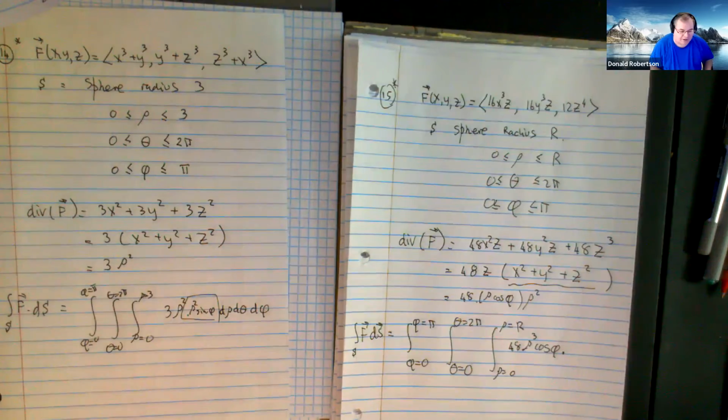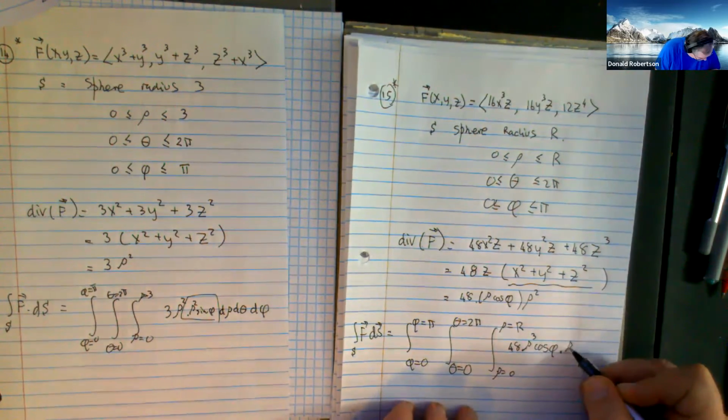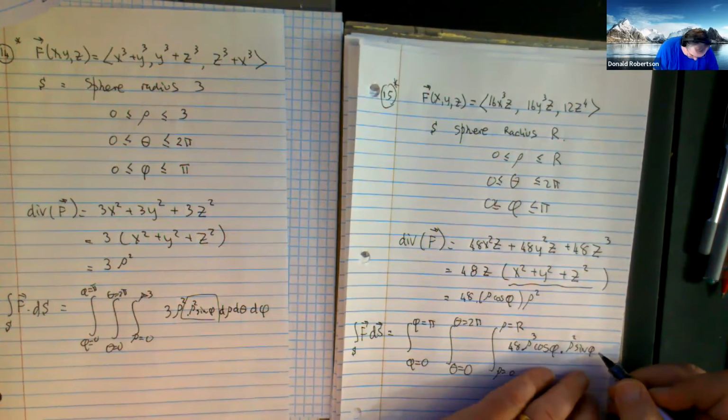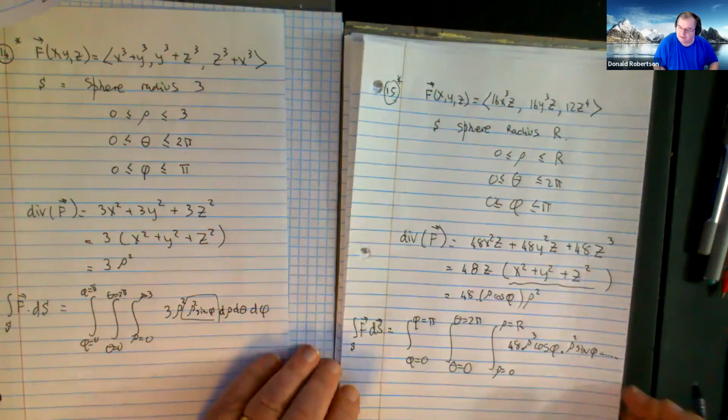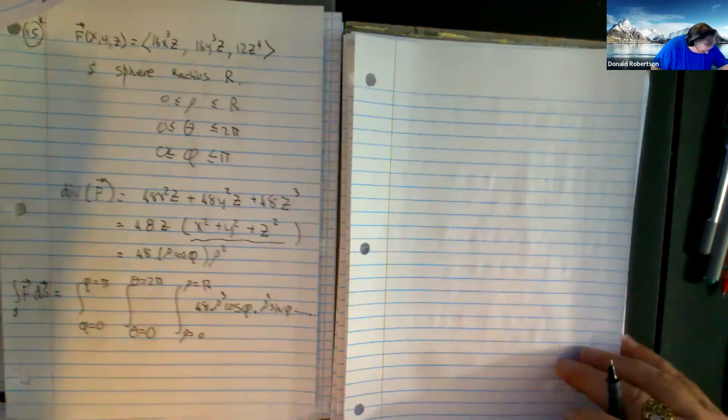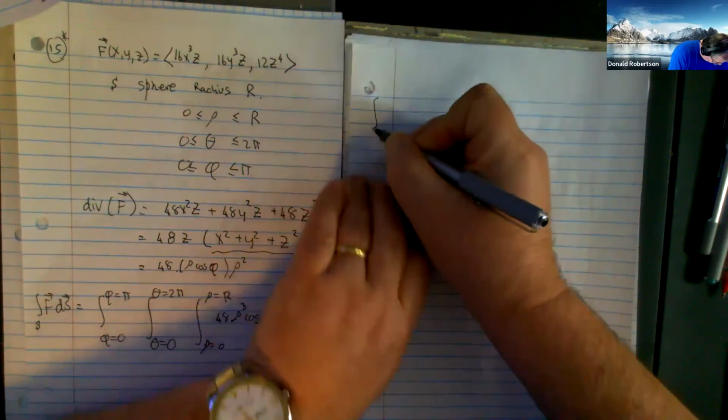Right, the add-on guy. So times another rho squared sine phi, and I don't have room for it, but won't the d rho d phi d theta go there, right? Just take that another line, where I can get more room in.